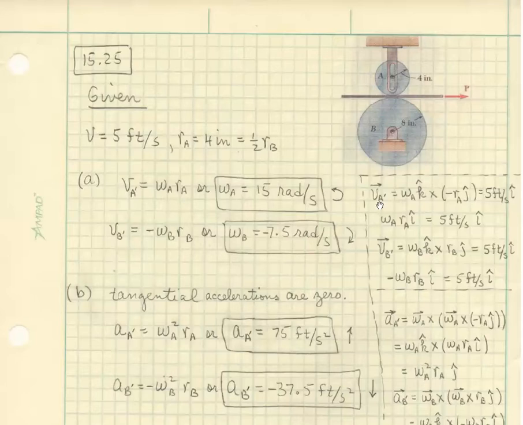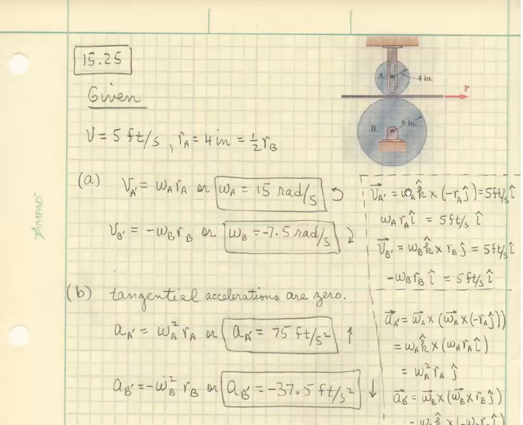If you consider writing down the vector expressions for these terms, the velocity V A prime vector-wise would be equal to omega crossed into R, where R is a vector that goes from A out to A prime. So that's a minus R sub A J for that vector, and then omega A is omega A K. I write that down as if it's positive, which means counterclockwise rotation.